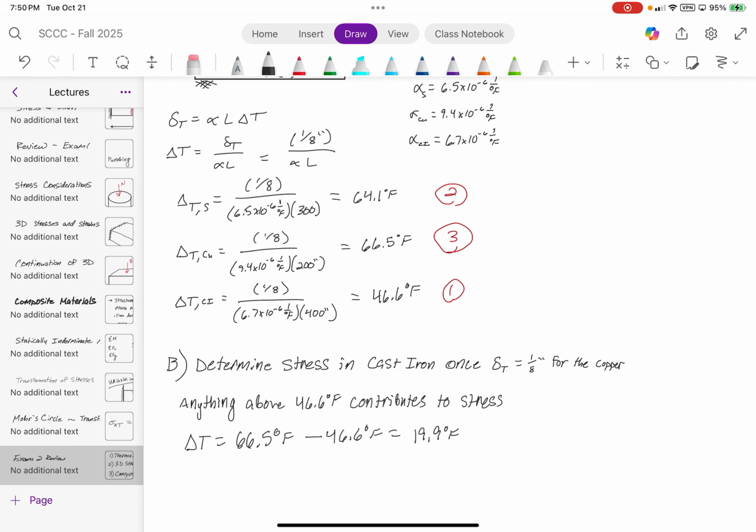So once the copper closes the 1/8 inch gap, the copper has to increase to 66.5 degrees, which means that stress is going to develop while the gap is still closing for the copper. So once the copper fully closes the gap, we already know the two temperatures, so just take the difference. Does that make sense?